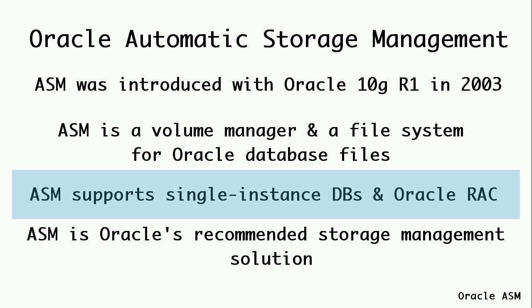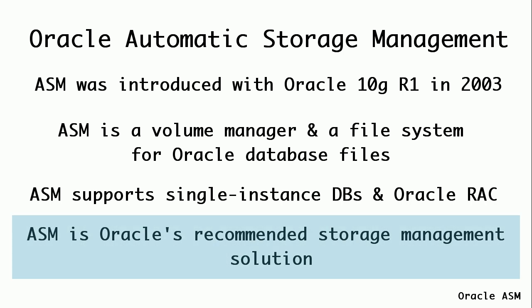Oracle ASM supports single-instance databases, as well as Oracle Real Application Clusters, or RAC, databases. ASM is Oracle's recommended storage management solution that provides an alternative to conventional volume managers, file systems, and raw devices.